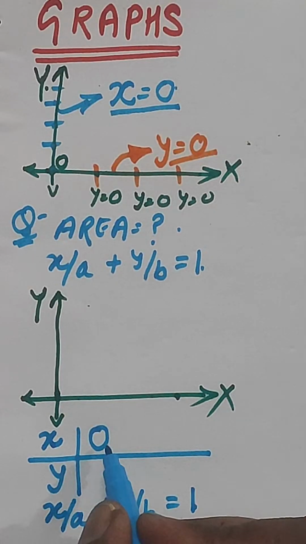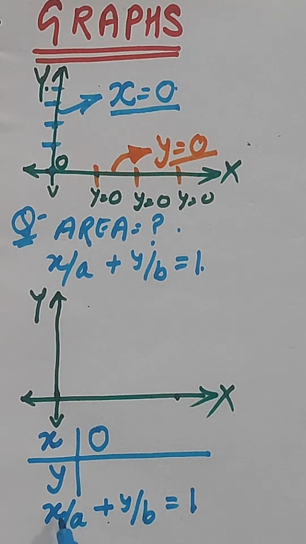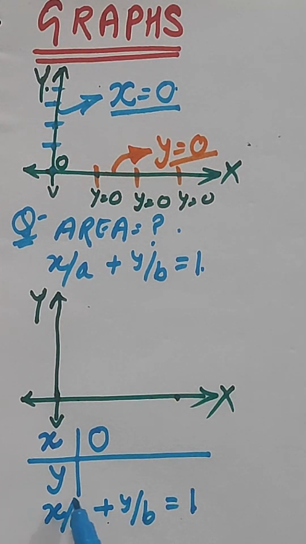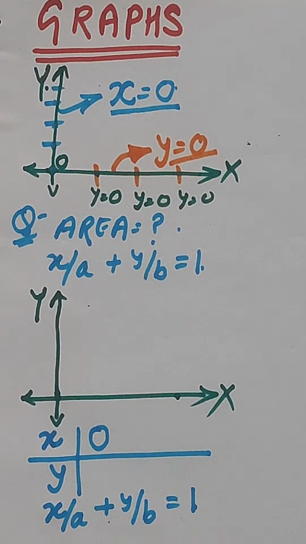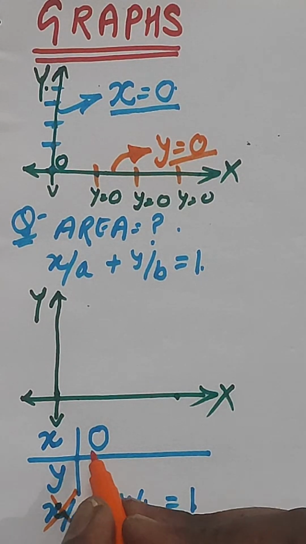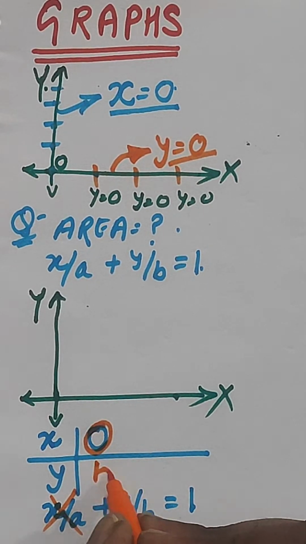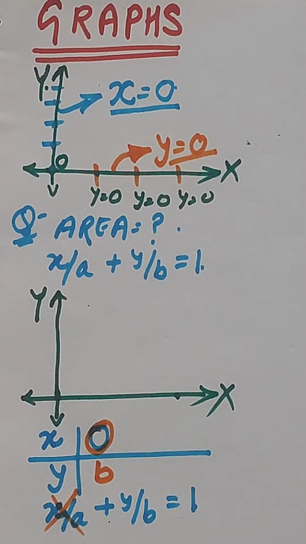When x equal to 0, this term will be 0, and we have y by b equal to 1. So this will give you the value of y as equal to b. So for x equal to 0, the value of y is b, right?